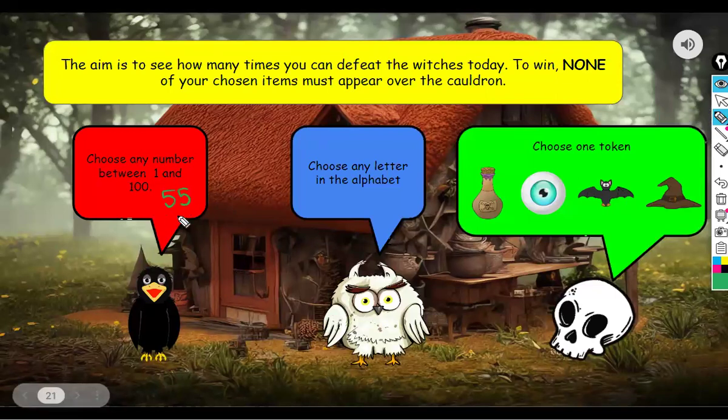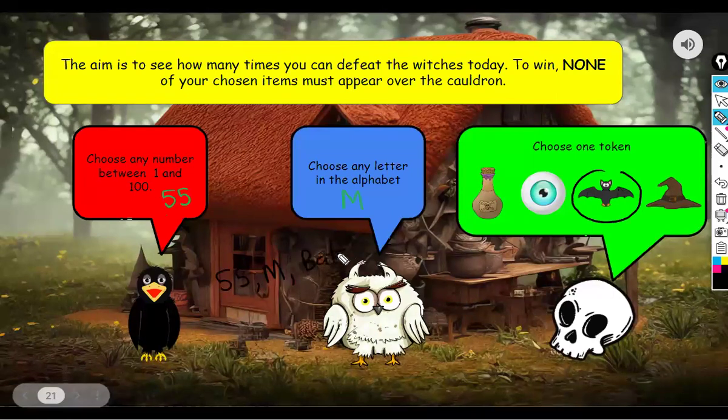All right, and then choose any letter in the alphabet. So you could probably choose M. They're showing you how somebody would play the game. And then choose one of the items here, only one. You can either choose the potion, the eyeball, the bat, or the witch's hat, right? So for example, when you're sending your selections, my selection would be 55, M, and the bat.